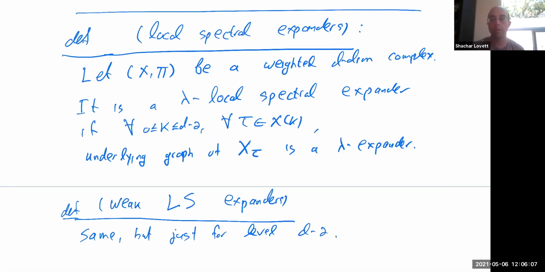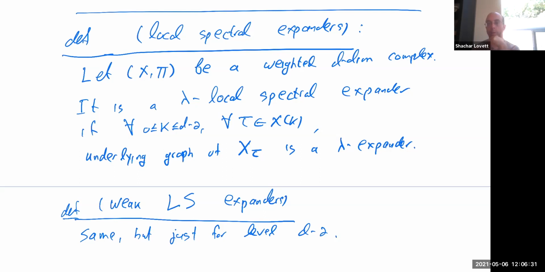So what is this weak definition? We're just going to look on faces of maximal size, so that they even induce a graph. So they have size d minus 2. And we're going to say just those should be expanders.